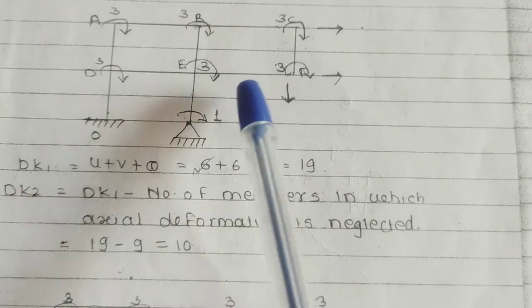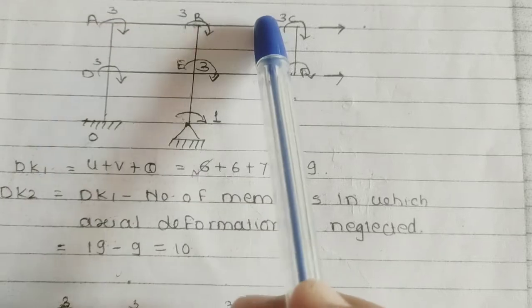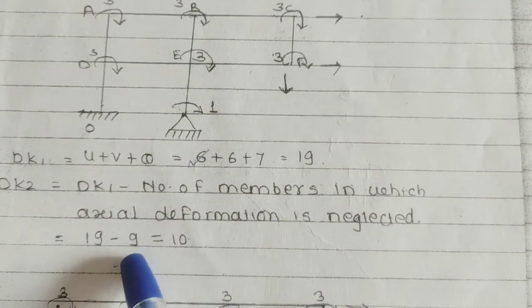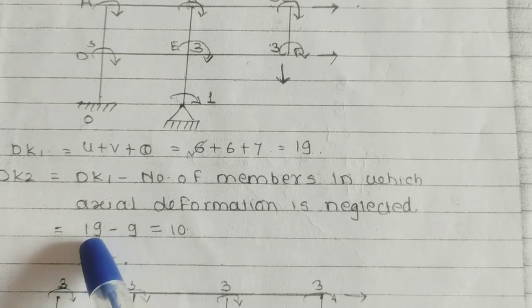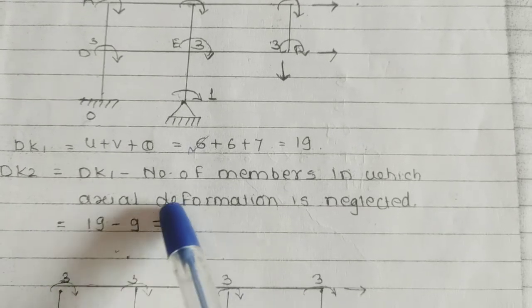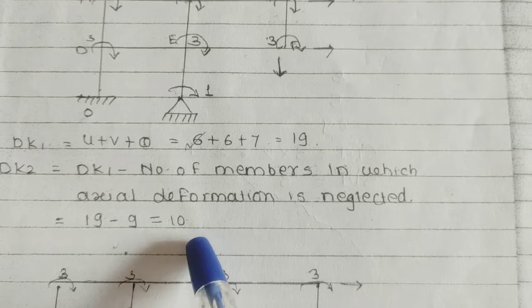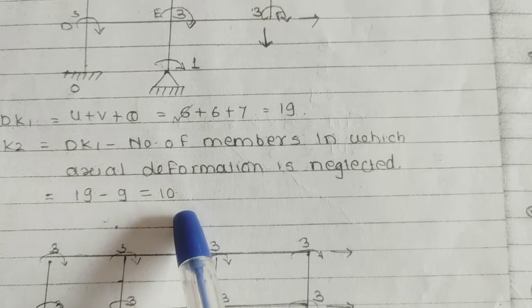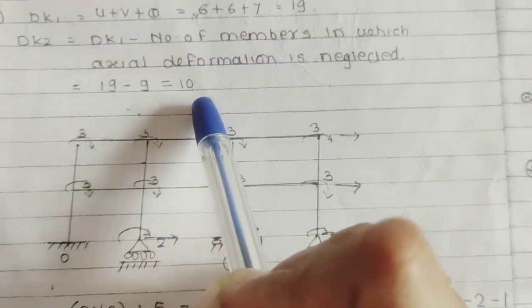Then count the horizontal members, 1, 2, 3, 4. Means 5 plus 4, that is equal to 9. You have to deduct the 9 from this 19, that is equal to 10, and that 10 indicates the degree of kinematic indeterminacy without axial deformation.